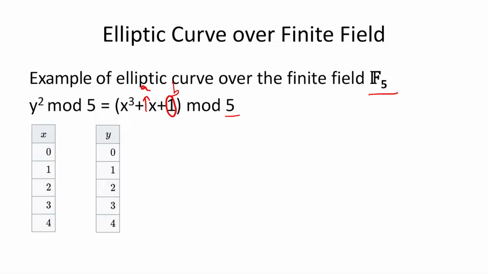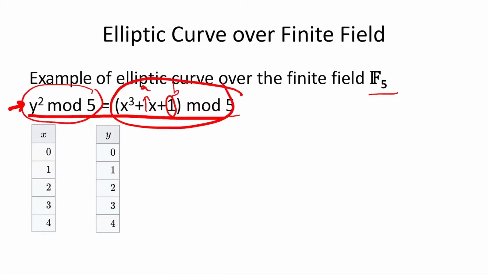Now we need to find out which combinations of these x and y coordinates are valid points on this elliptic curve over the finite field. To do this, we will plug them into this equation and see if the left hand side is equal to the right hand side. So let's say we plug in x is equal to 0 and y is equal to 0.